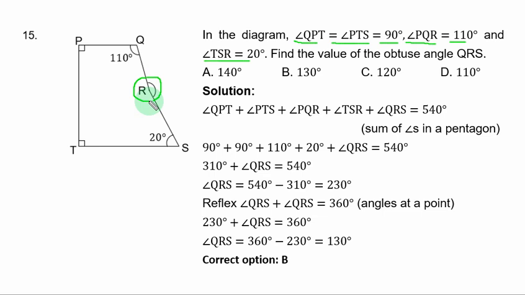The reflex angle is found in the pentagon. The given figure is a polygon with 5 sides, so it is a pentagon. The sum of all the angles in a pentagon is equal to 540 degrees. The 5 angles added, but we are interested in QRS.